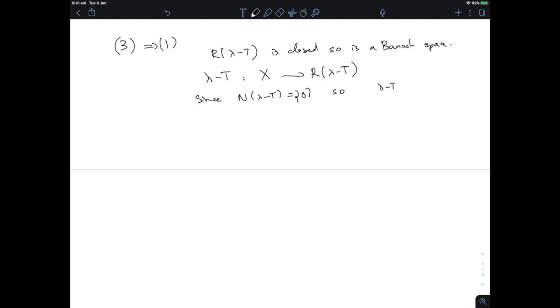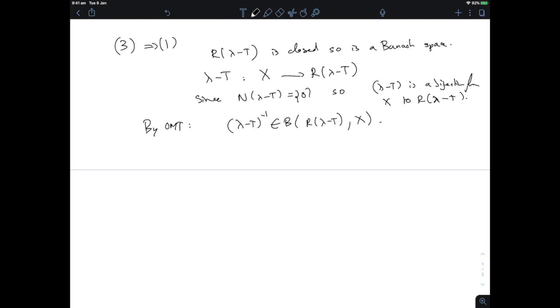So lambda minus t is a bijection from x to the range, because you're obviously surjective onto your range. And so by the open mapping theorem, I get that there is an inverse of lambda minus t that is a bounded linear map from the range of lambda minus t back to x.